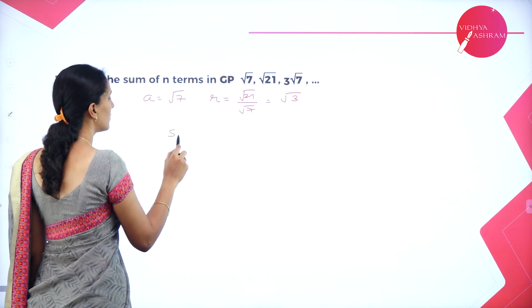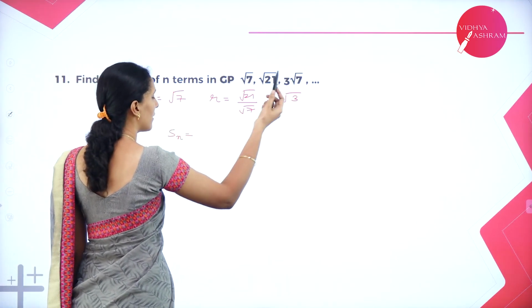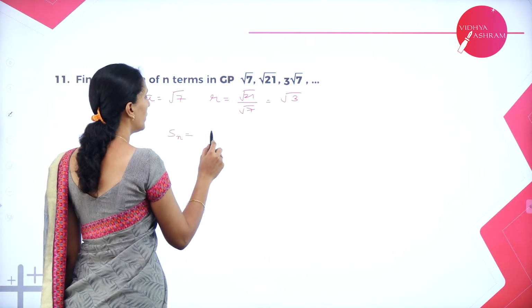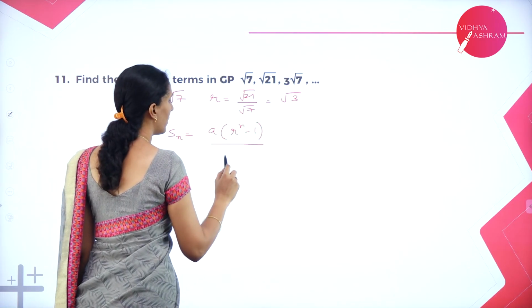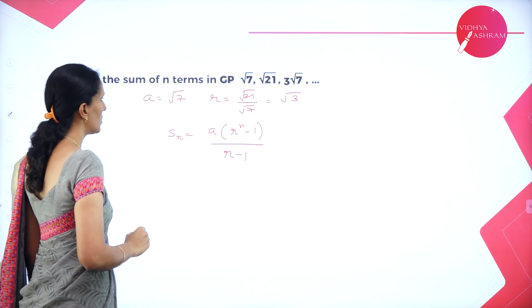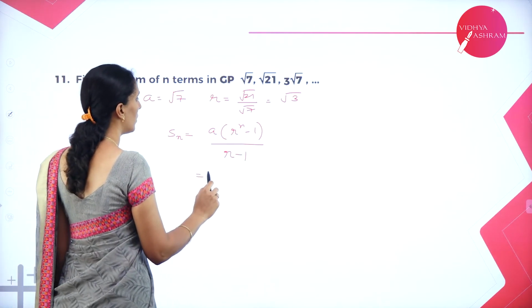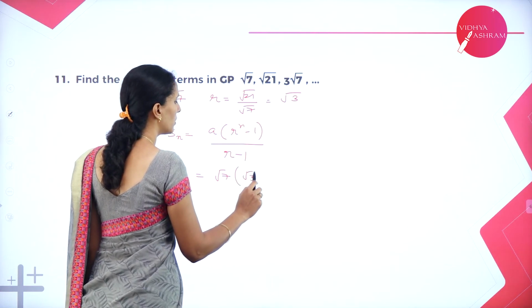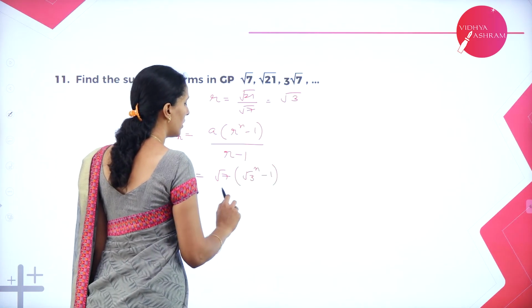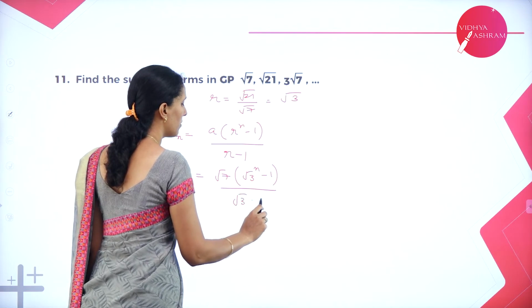So for Sn, clearly r is greater than 1. Sn is equal to a into r to the power n minus 1 divided by r minus 1. So now this is equal to root 7 into root 3 to the power n minus 1 divided by root 3 minus 1.